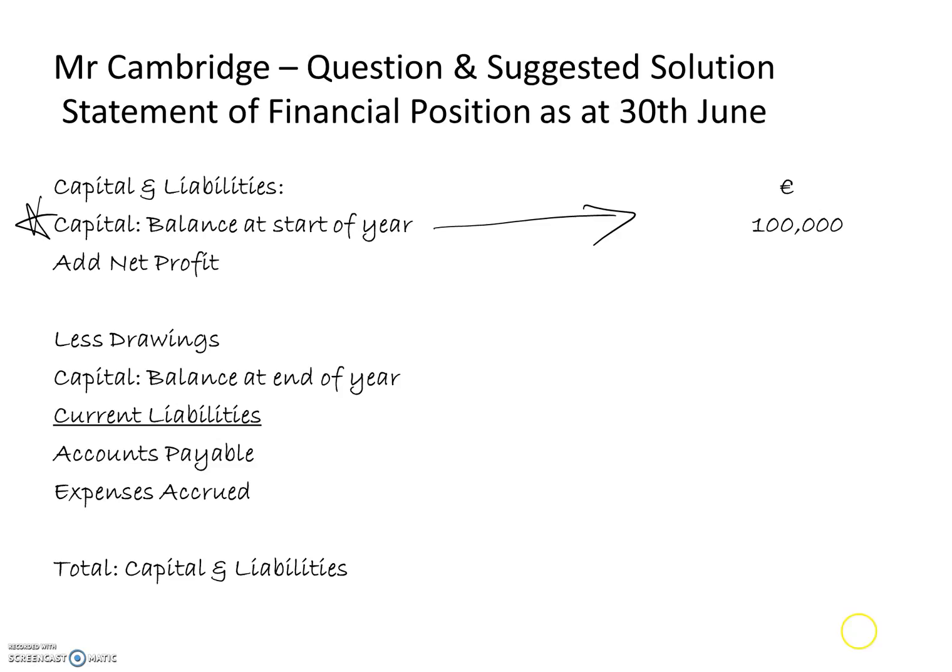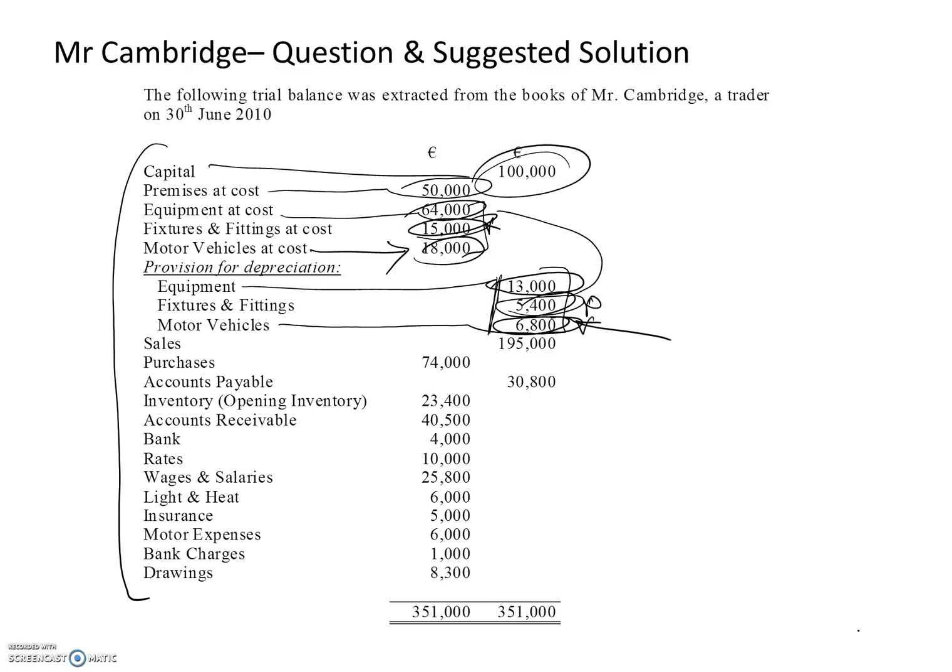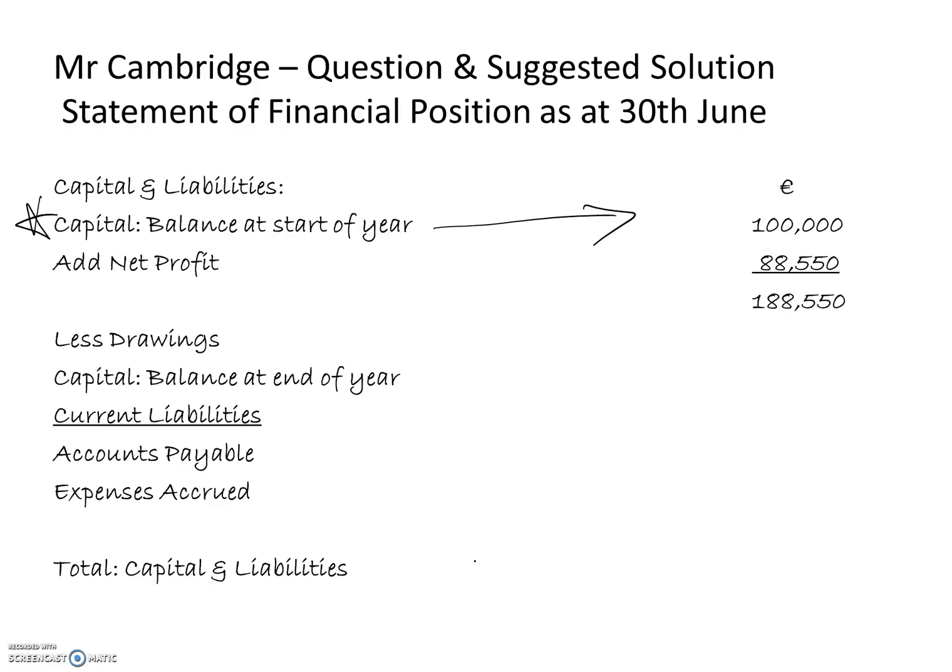So I'll pop that in, add them together, and then we'll take away from that the money that Mr. Cambridge took out for his own personal use. Now, that's in the trial balance. In fact, it's the very last item in the trial balance. It's the 8,300. So I'll pop that in. So that will give us a total of 180,250, which is Mr. Cambridge's capital at the end of the year.